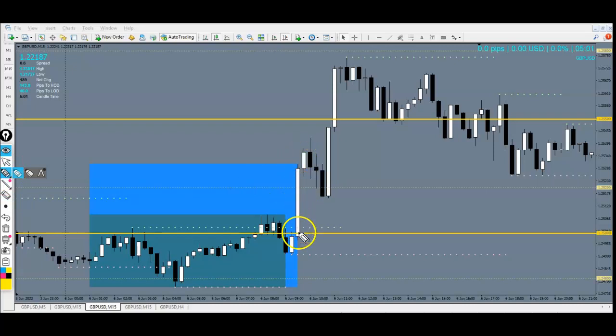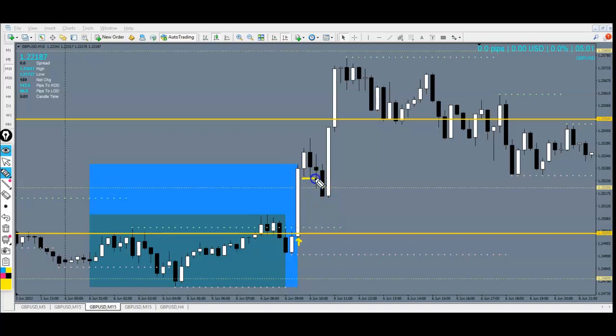Given that we've now seen this big bullish engulfing candle, we expect a change of direction from range bound to possibly price wanting to move up.